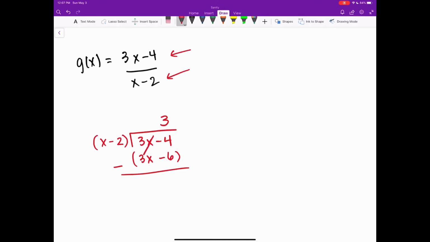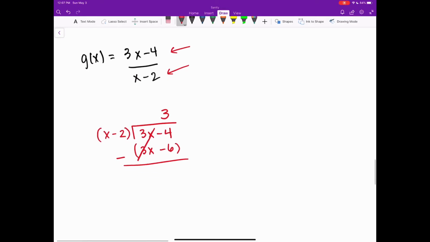Just like what we saw, this 3x minus 3x is going to cancel out and be 0. And then I have -4 minus -6. If you need to write that off to the side, you totally can. -4 minus -6: I have 2 negatives there, so those technically turn to positive. So now I have -4 plus 6. That gets me a +2. And then there's nothing else.